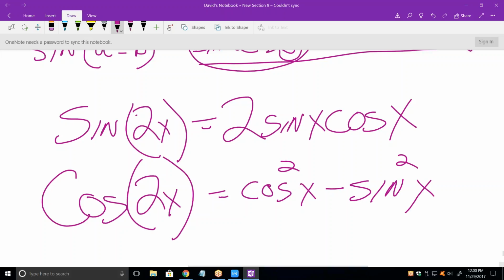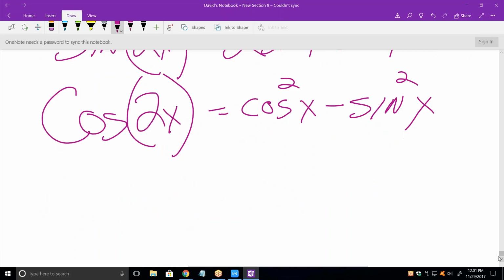But there's the first one. And that's not that hard to memorize: cosine squared minus sine squared. There are two more. One deals with nothing but sine squared, and I think it's this.